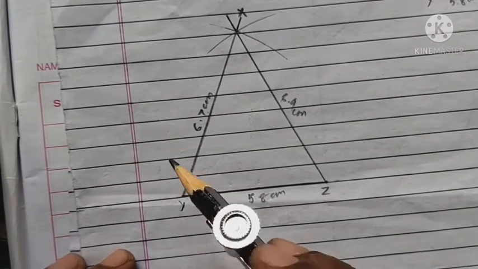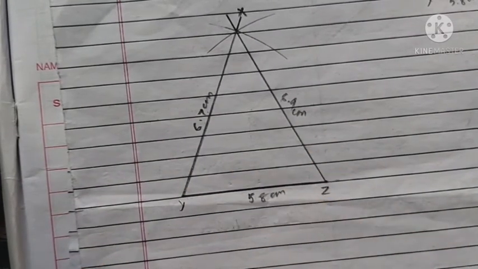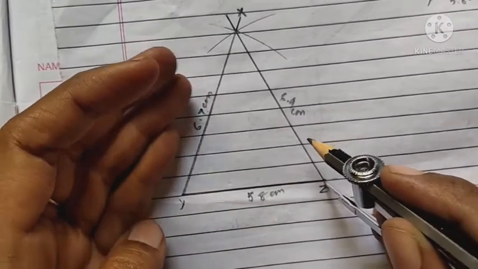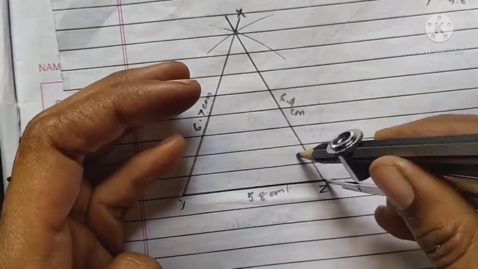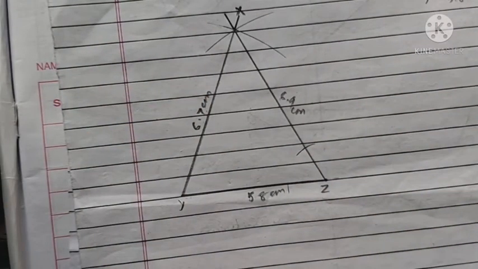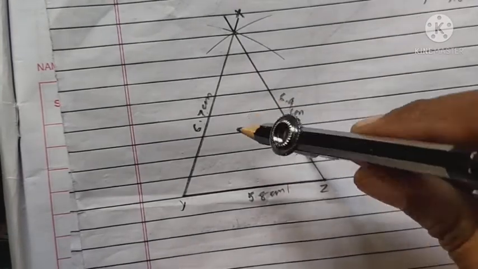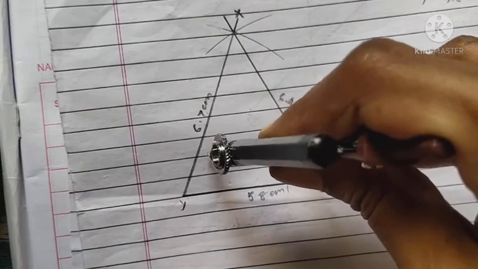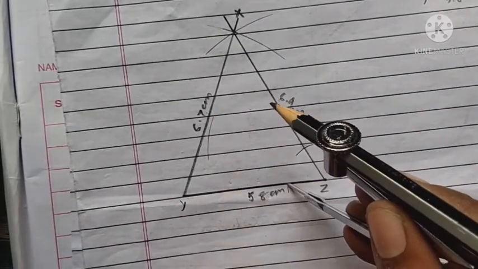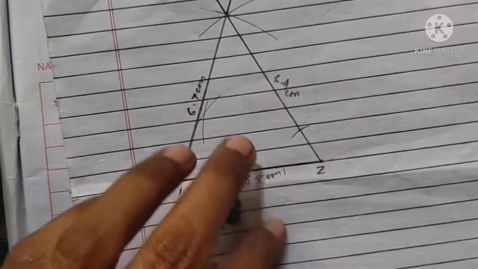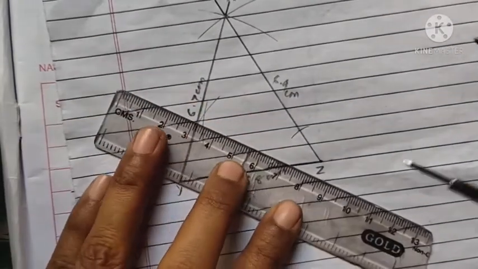I am going to bisect angle Y and angle Z. Firstly I am bisecting angle Z. Place the tip of the compass on point Z and draw two arcs. Now place the tip of the compass on the first arc and draw one arc, then on the next arc and intersect this arc. This is the bisector of angle Z.